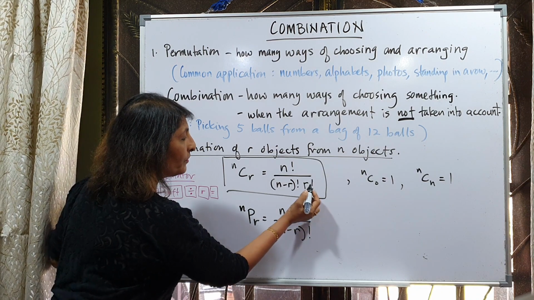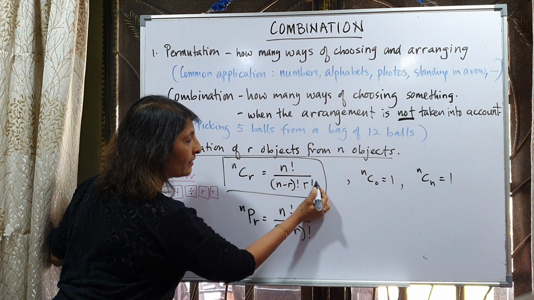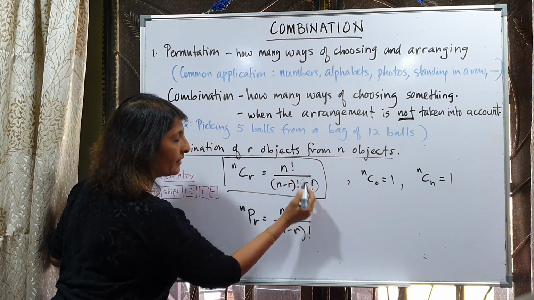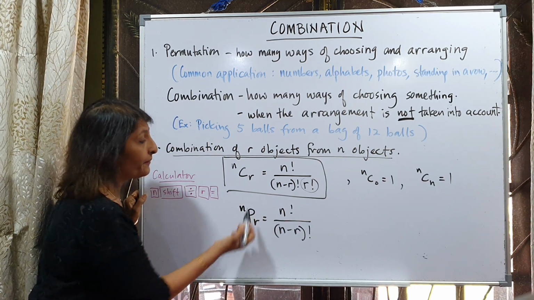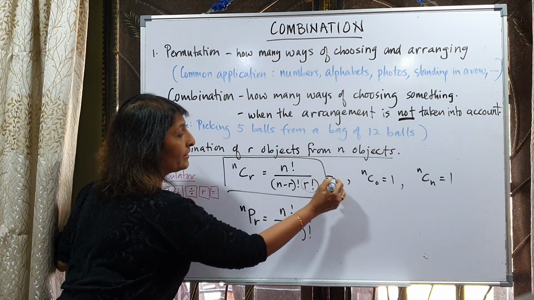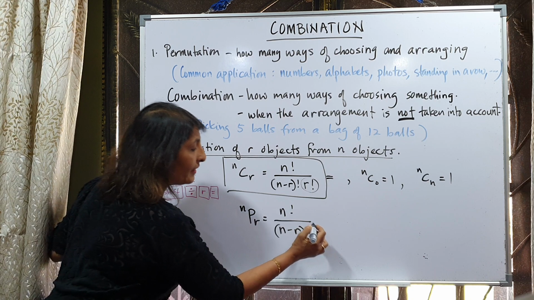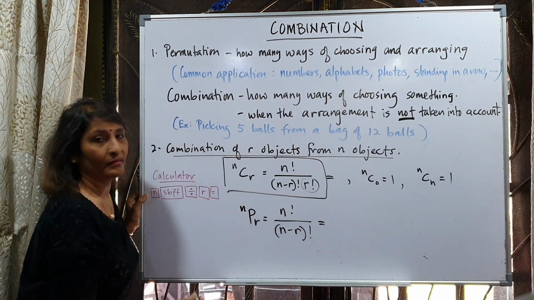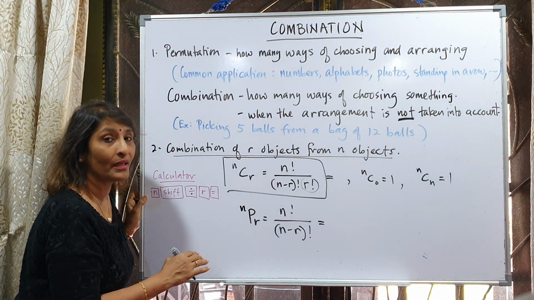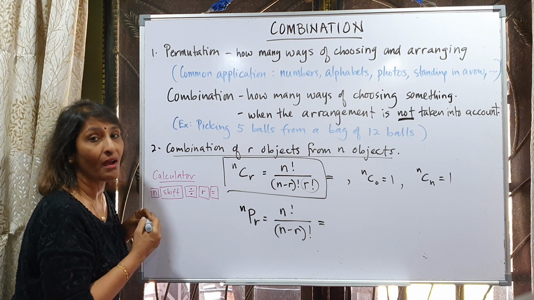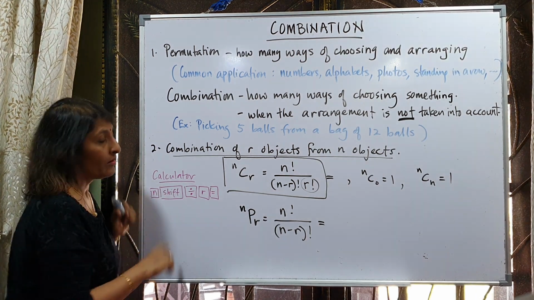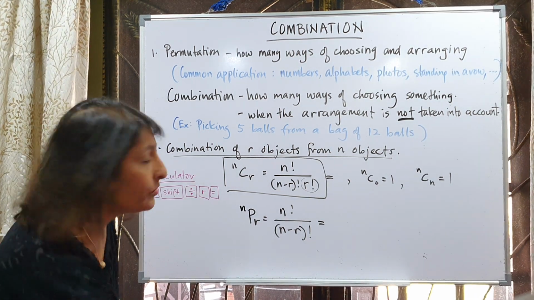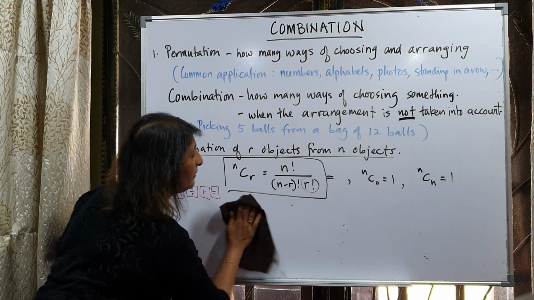So this one has an extra number to divide, which means the answer for NCR should be less than the answer for NPR. NCR is a smaller number compared to NPR.